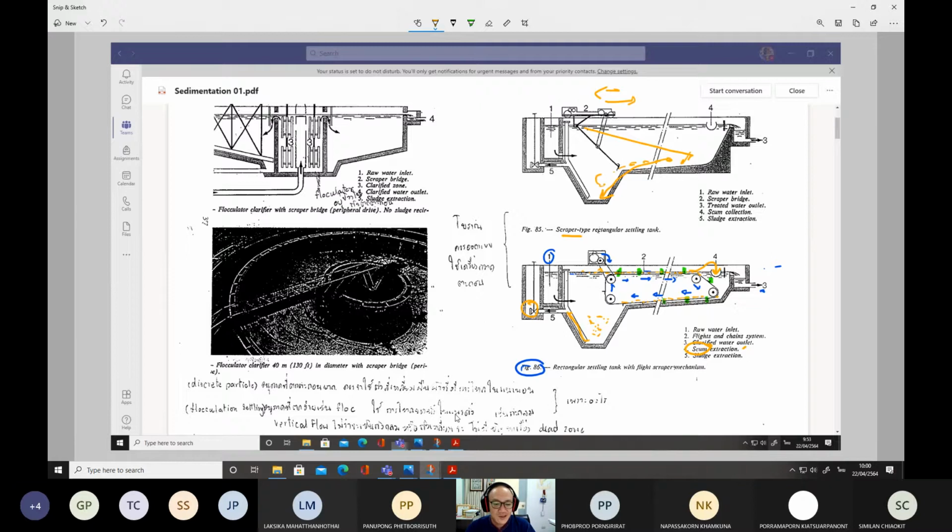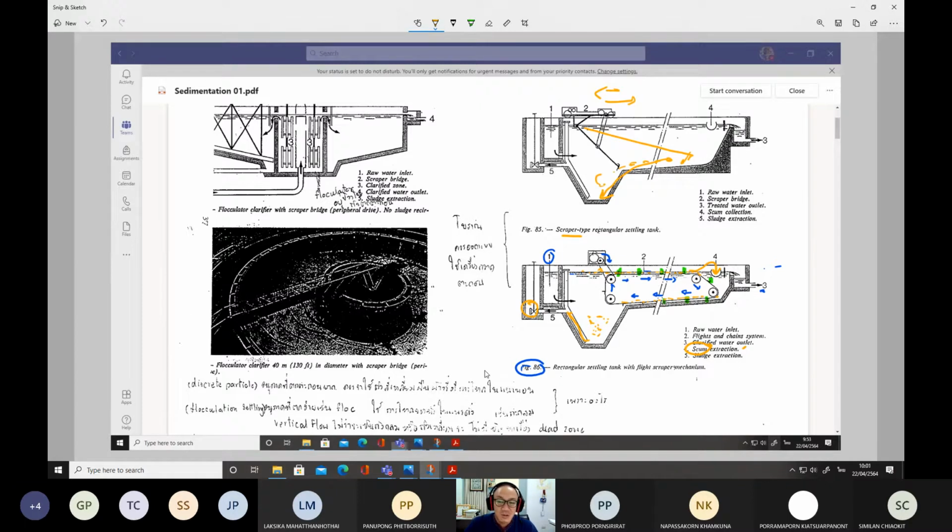It's slightly different from the circular sedimentation tanks, but this one is only used in water treatment plants. I rarely find the use of rectangular settling tanks in wastewater treatment plants.